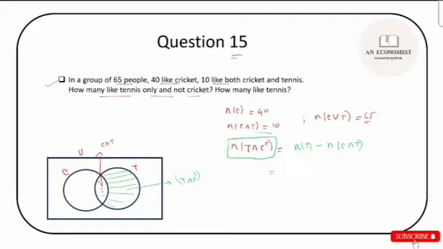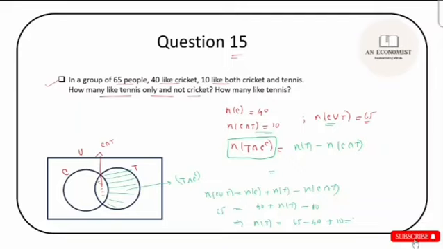Now how will we find N of T? We'll find it from this expression, N of C union T, basically N of C plus N of T minus N of C and T. N of C is 40, N of T is what we need to find. This is 10 and this union is given to be 65. So how will we get N of T? It will be 65 minus 40 plus 10.